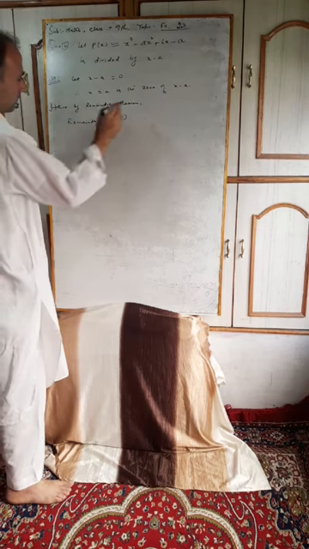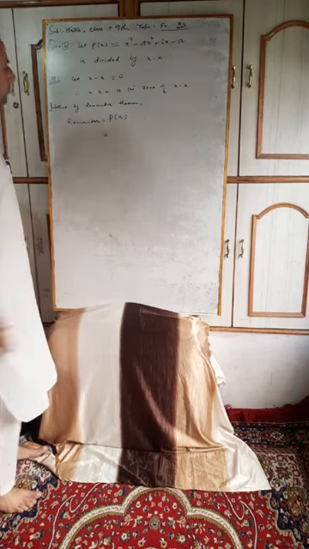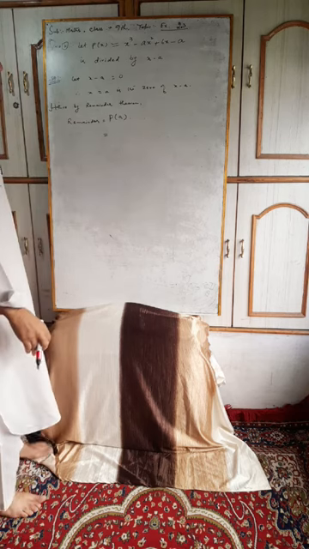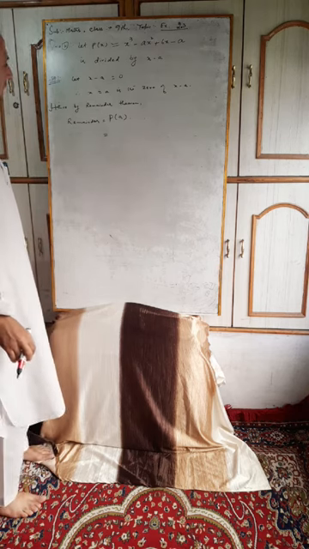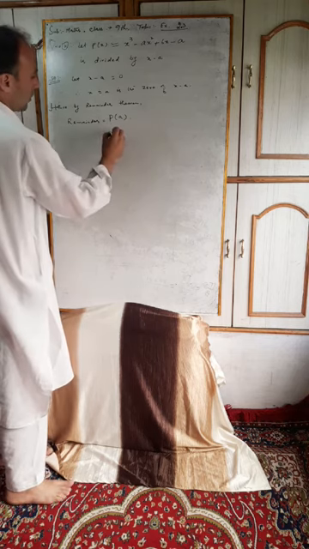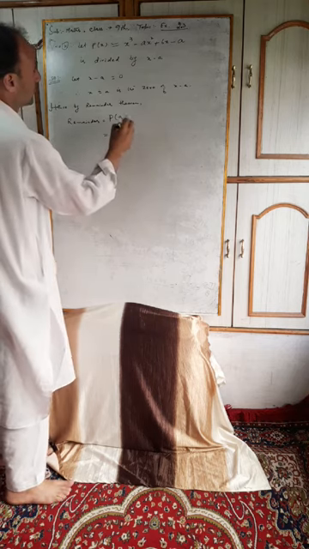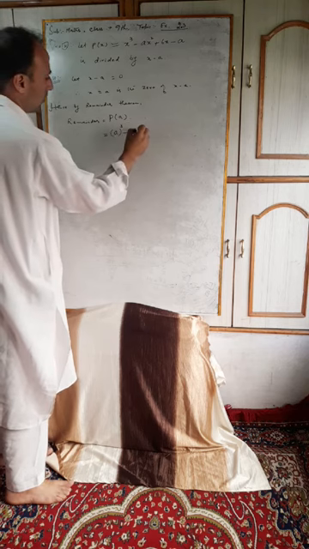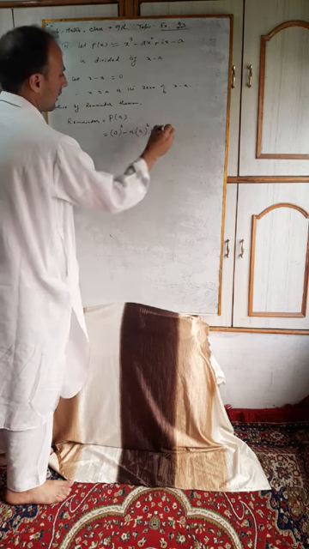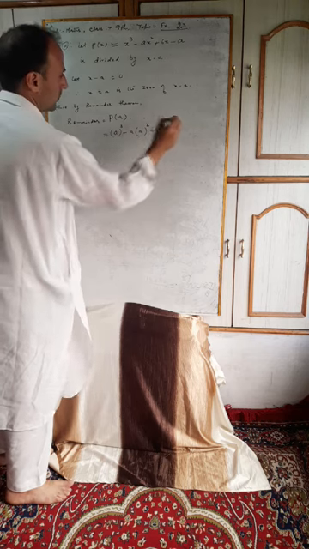p(a). It will be equal to, since p(x) is equal to x³ − ax² + 6x − a, in place of x we will substitute a. So it will turn out to be a³ − a into a² + 6 into a − a.